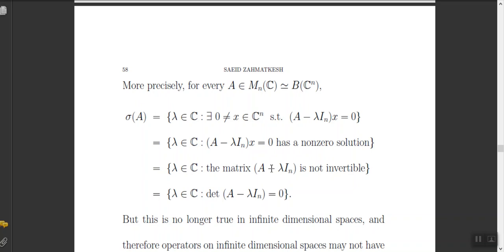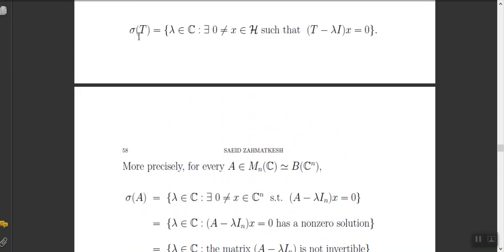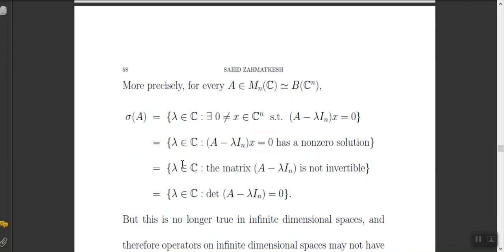When we say this matrix is not invertible, it is equivalent to saying that the determinant of this matrix is 0. So put it all together. Before that, let me mention, for a matrix A, when you say the set of all scalars such that the determinant of A minus lambda I_n equals 0, what does this mean?